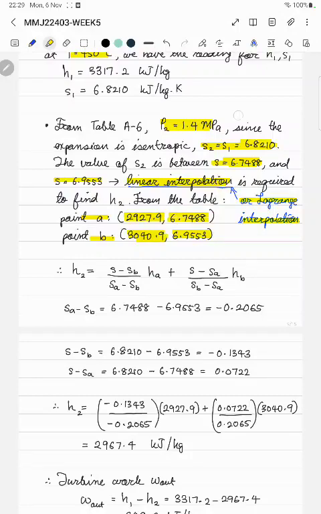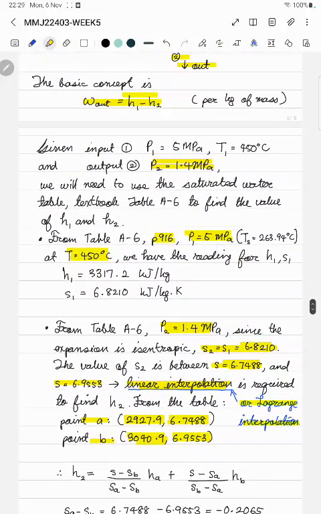Since we have the exact table, you can look at it. The table is called table A6. You have a section for pressure equals 1.4 megapascal.